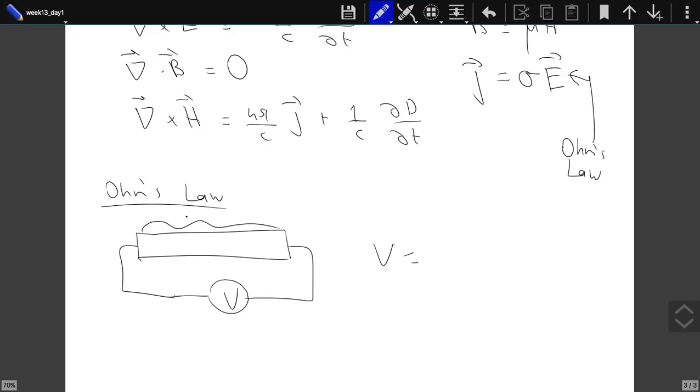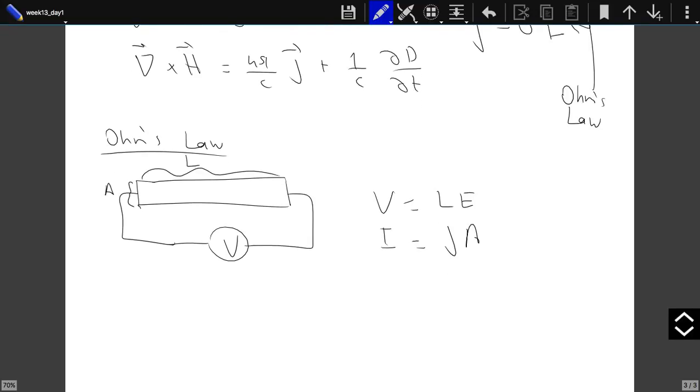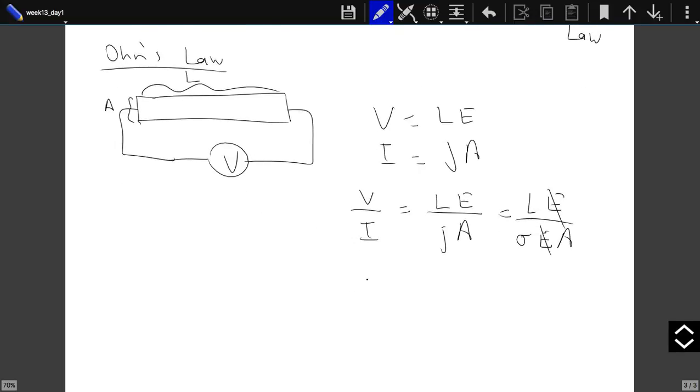Let's say the length is L. Potential difference is nothing but L times E. The current running through my system, let's say this is a cross-section A, assume the current density is uniformly distributed, is just J times A. So V over I is equal to L E over J A. J is sigma E, so the E's cancel.